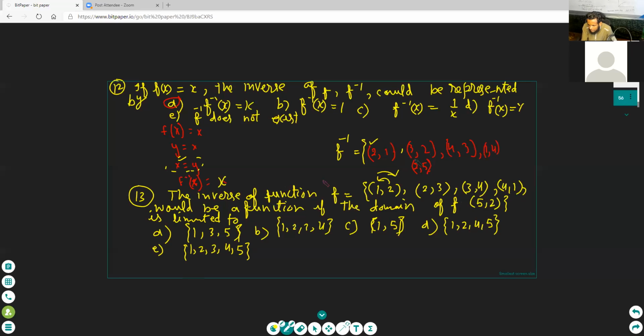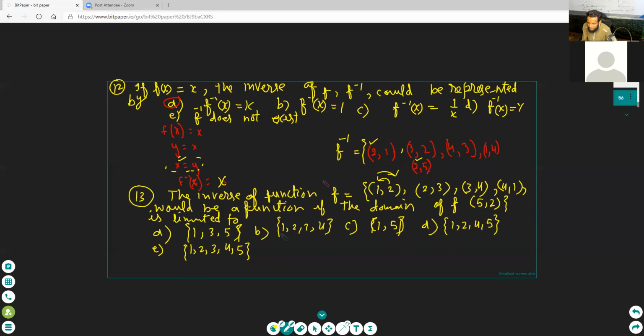So for the options, tell me what will be the domain of this function so that we get the inverse of the function as a function.